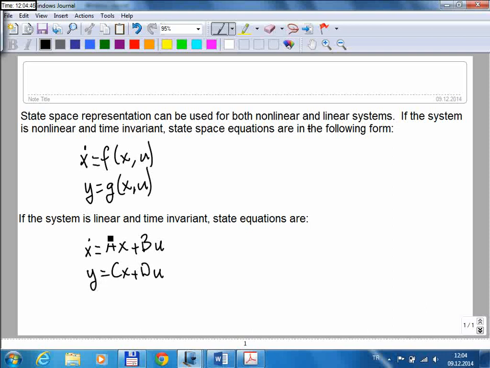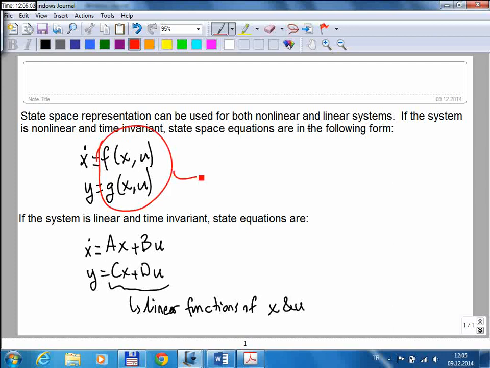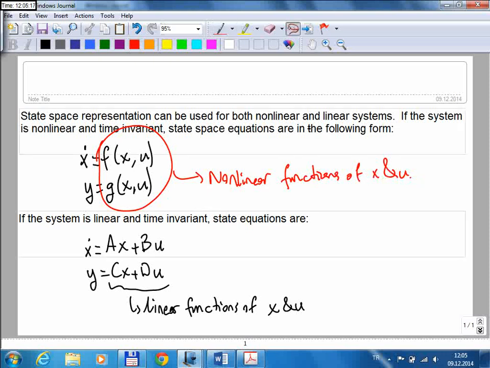So here we have, so these are linear functions of x and u, whereas these are nonlinear functions of x and u, right?